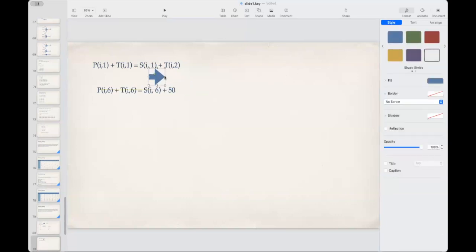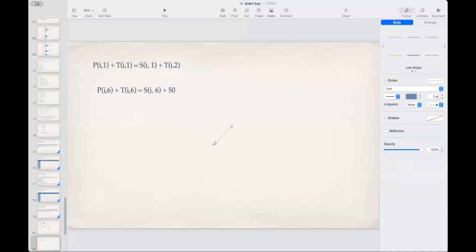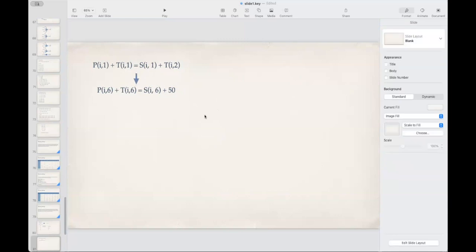Just to show you how to change it: you have to change from 1 to 2, 3, 4 until 6. Change to this form instead.